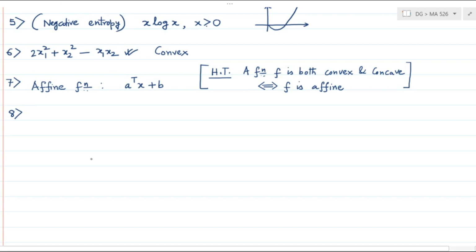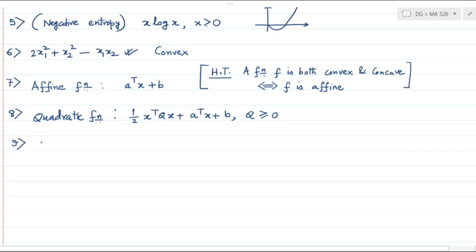Let me give you a quadratic function with positive semi-definite Hessian: half x transpose Qx plus a transpose x plus b. Here, if Q is positive semi-definite, then for a positive semi-definite Q, a quadratic function is a convex function.